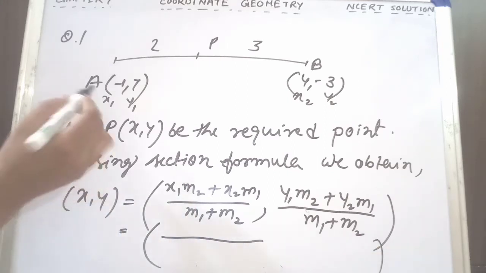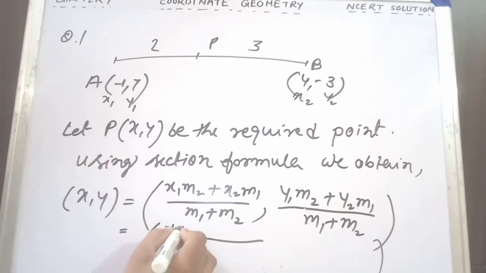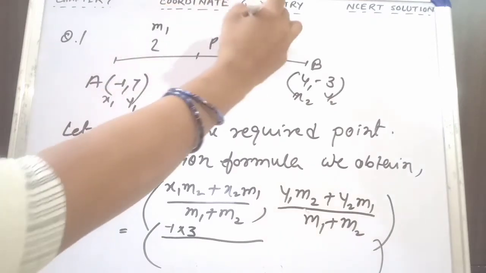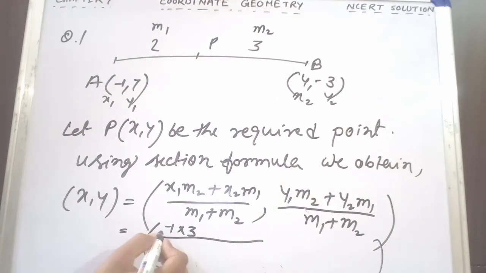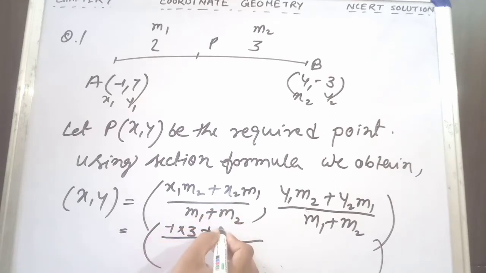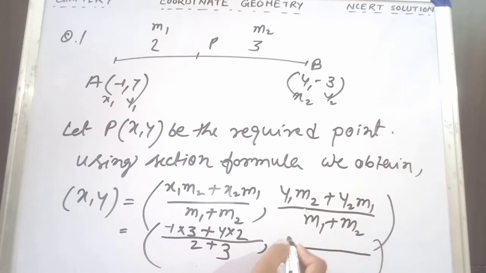x1 means -1, into M2, that means 3. This is M1 and M2. -1 into 3 plus x2, that means 4, into M1, that means 2, upon M1 plus M2, that means 2 plus 3. y1 is 7 into M2.